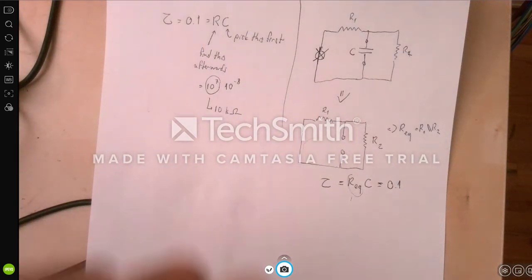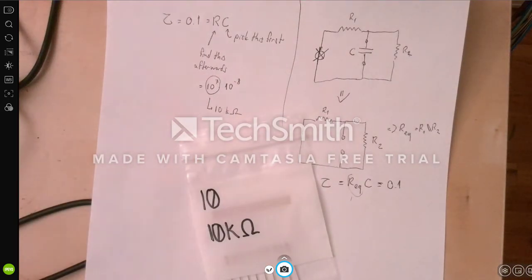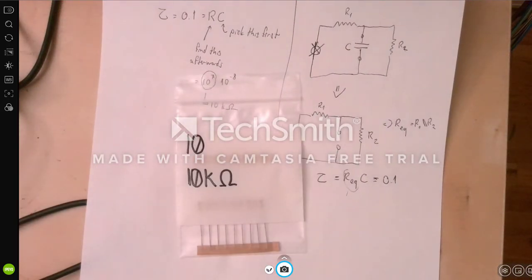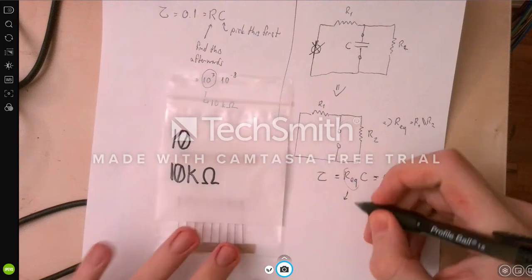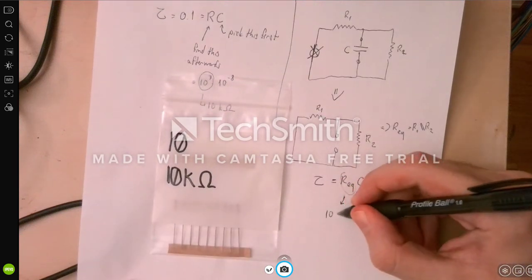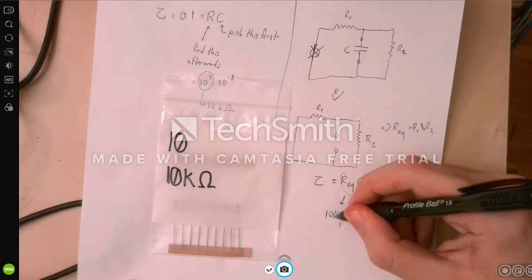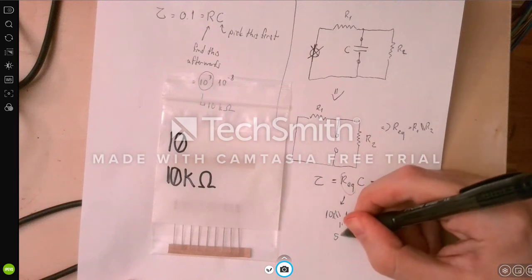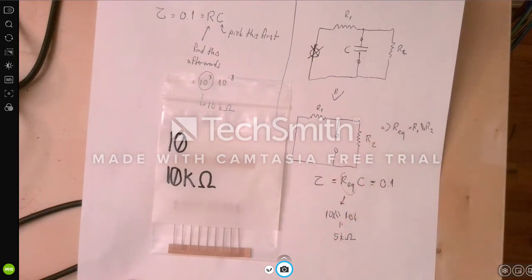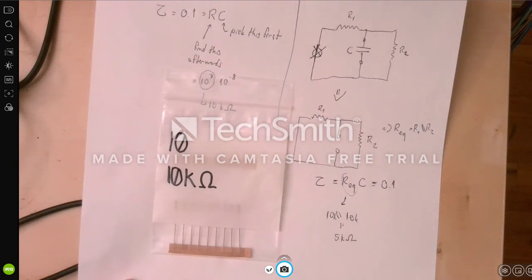Yes, we can keep using 10 kilo ohm resistors, but when we put two 10 kilo ohm resistors in parallel, we will get 5 kilo ohm, right?